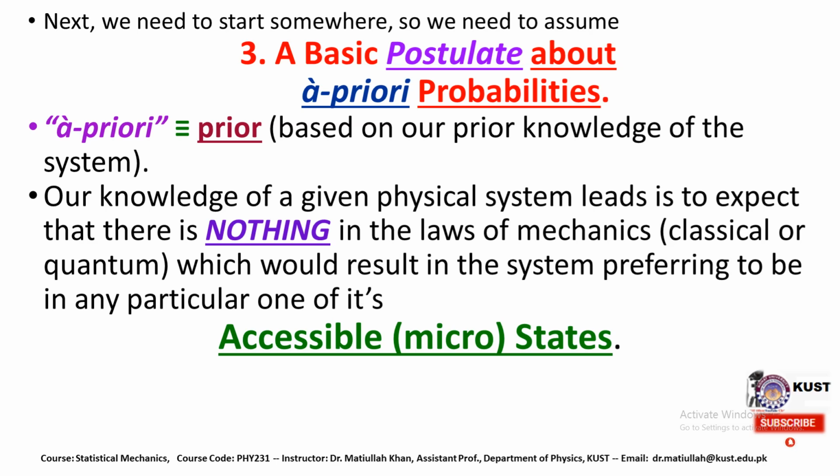For that purpose we need to find out all the accessible states. Accessible states actually mean the microstates. Every time I have given you an example of 40 students, but keep in mind students are not quantum particles, that is just a very simple example. Say we have 40 seats in the room and 40 students, so how can we arrange them?